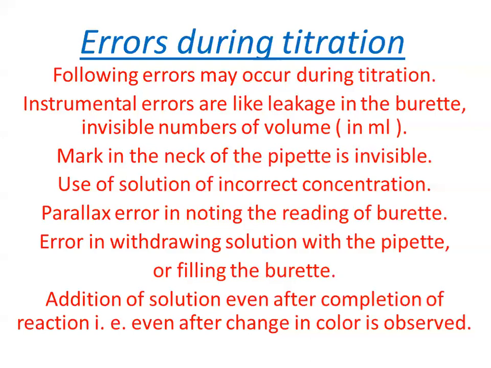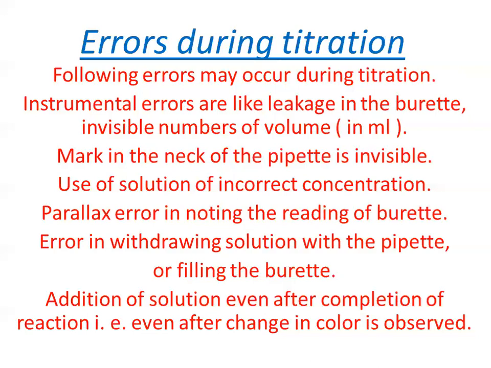Similarly, there may be error in using a solution of incorrect concentration. For example, if we are taking 0.02 M solution of HCl, and instead of that we have added a few drops of HCl in excess, then naturally the concentration is incorrect or wrong.